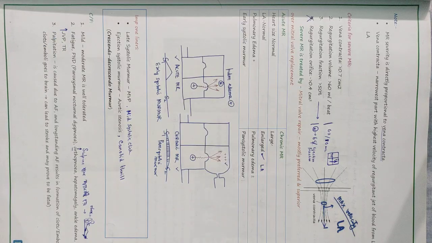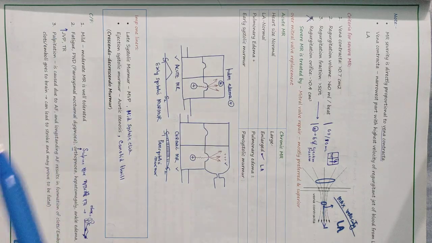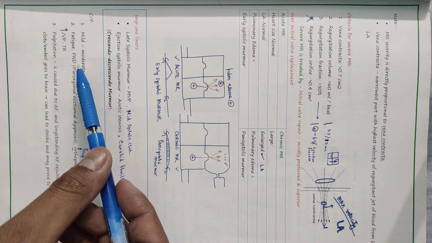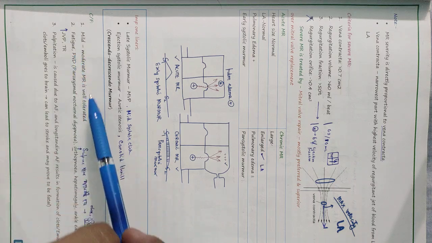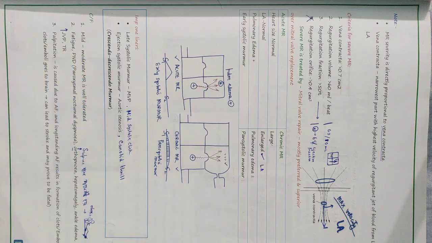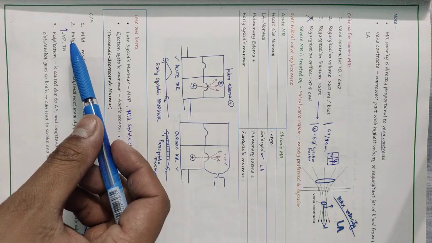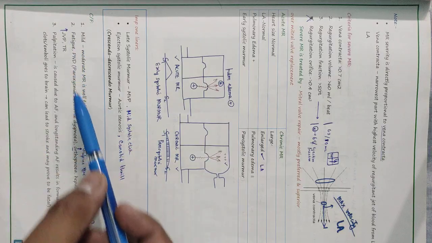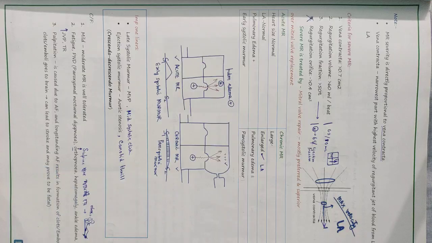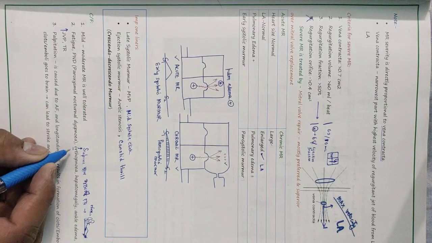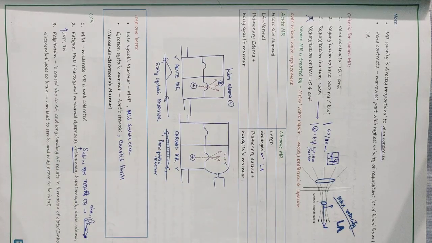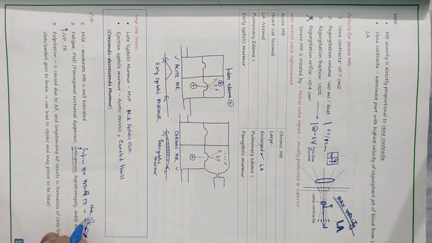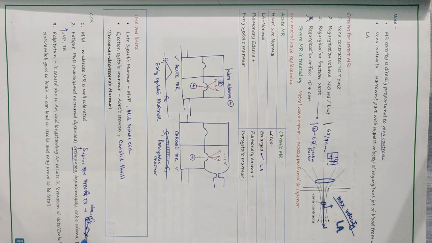Next is the clinical features of this patient. The first one: mild to moderate is well tolerated. In severe cases, we have fatigue, paroxysmal nocturnal dyspnea, orthopnea. That means breathlessness when lying supine. This patient will have 2 or 3 pillows, and his ankle is getting edema.